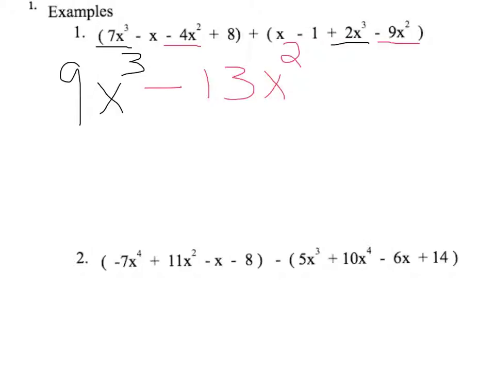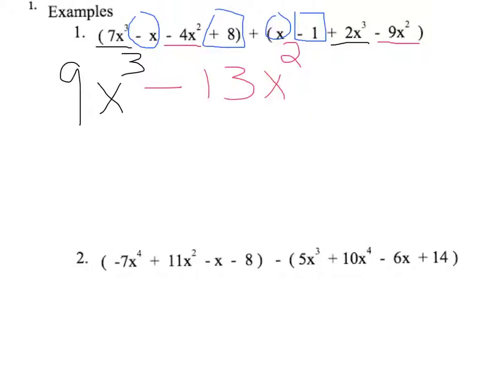We have our first degree terms. So we have a negative x and we have a positive x, so when we combine those together, they cancel each other out. And the only thing left is our constant terms, of which I have a positive 8 with a negative 1.